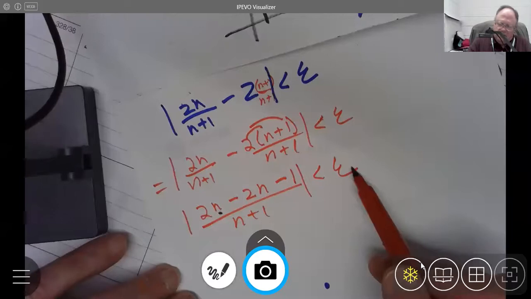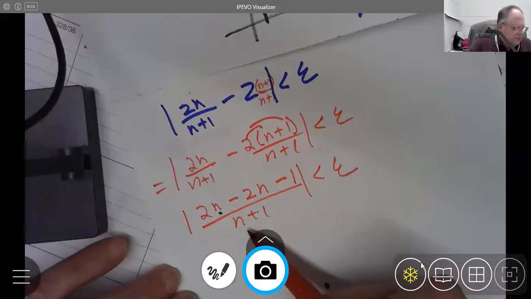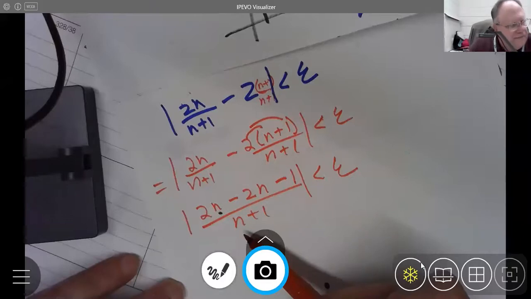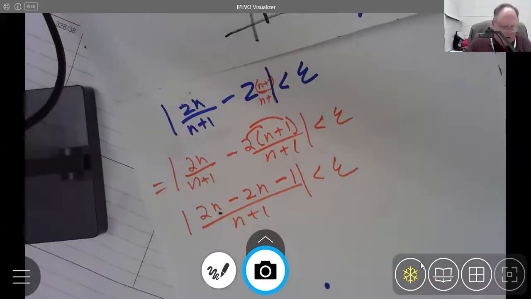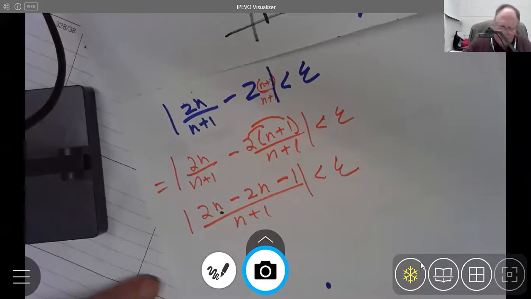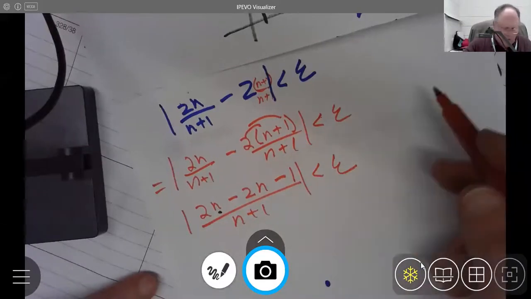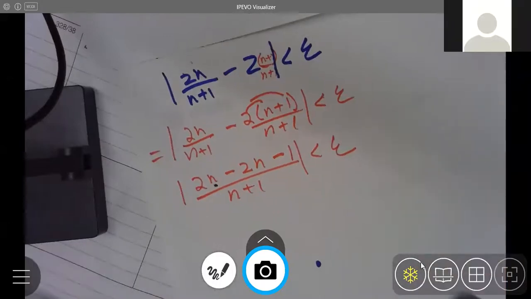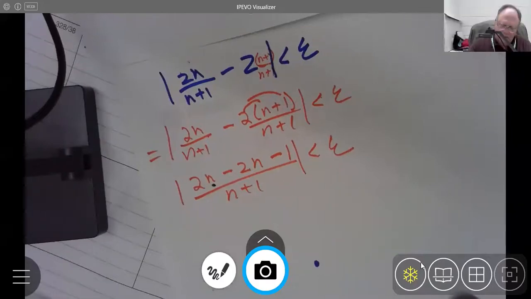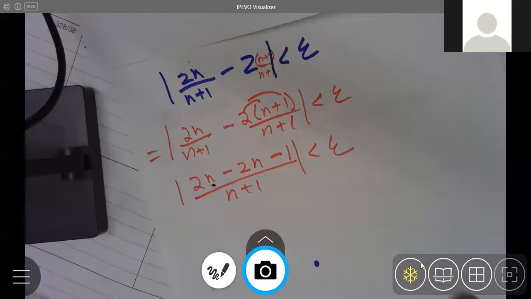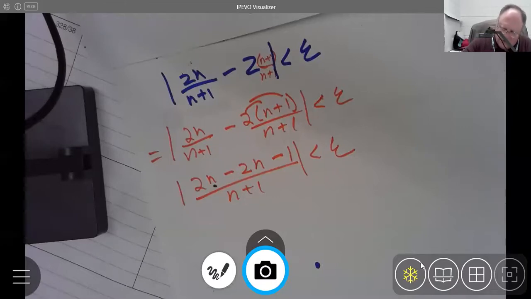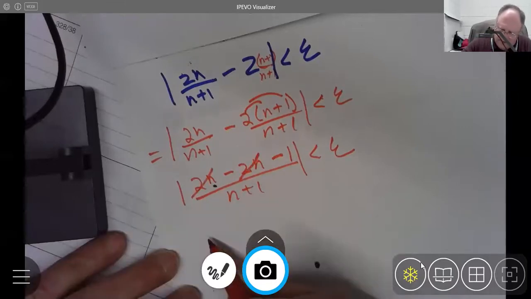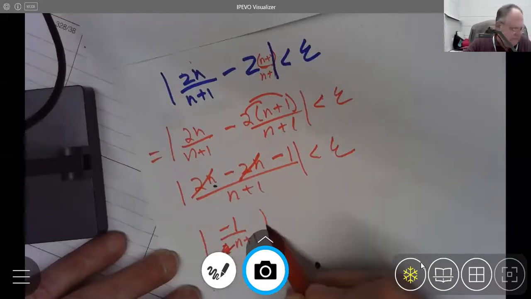The two 2n's cancel, so you get the absolute value of negative 2 over n plus 1 is less than epsilon.